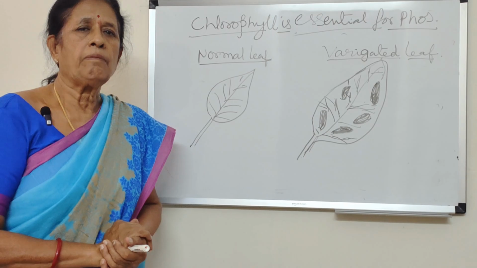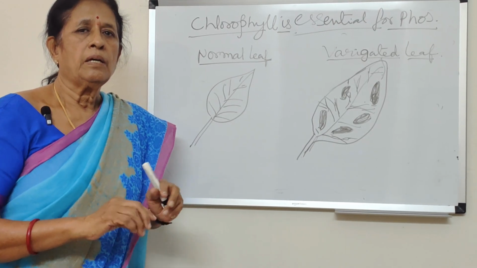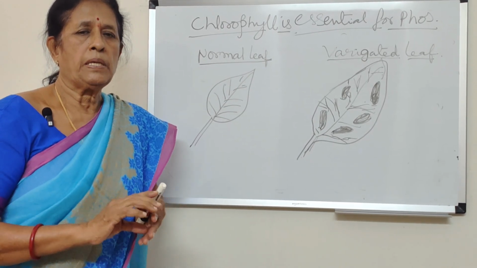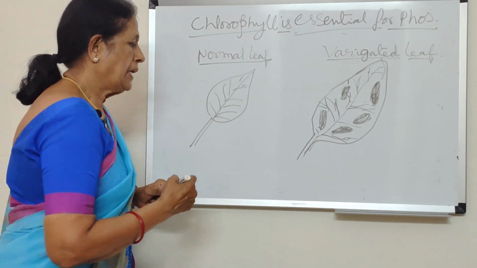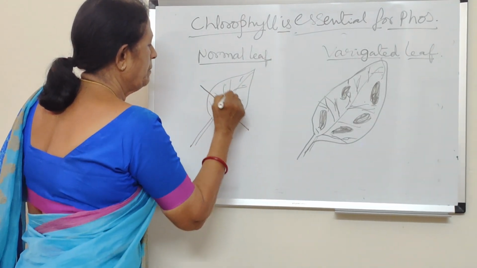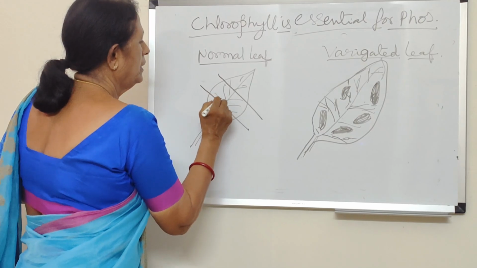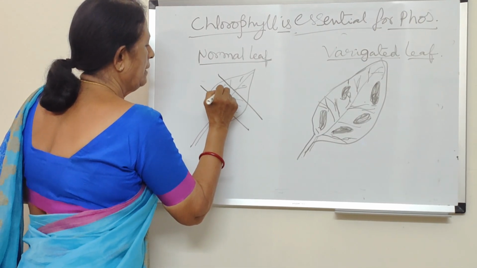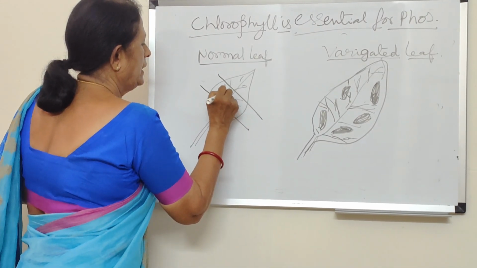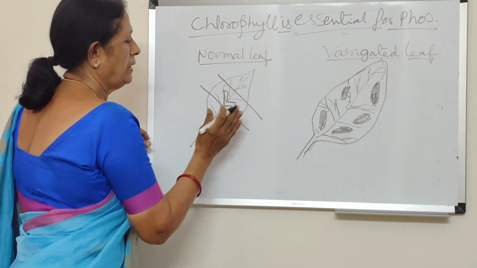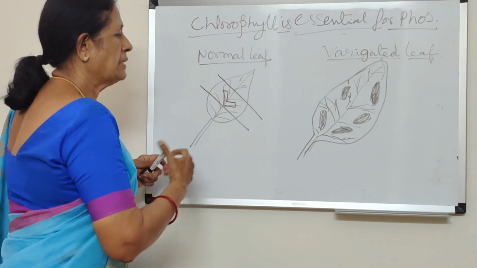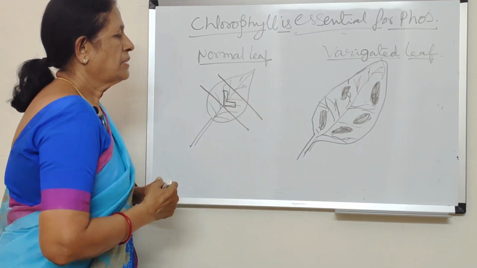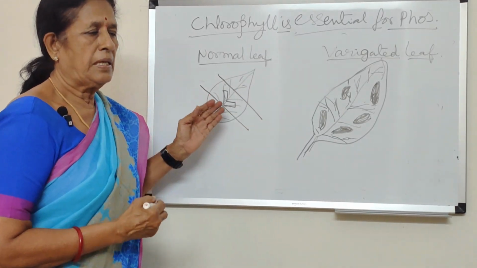The leaf is covered with opaque paper, let us imagine a cardboard with a certain design cut into it, and the plant is exposed in such a way that the leaf gets a sufficient amount of sunlight.